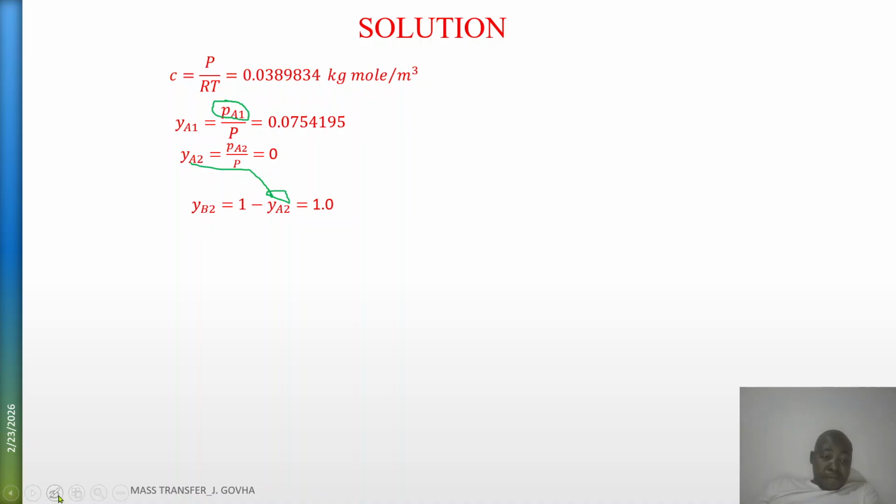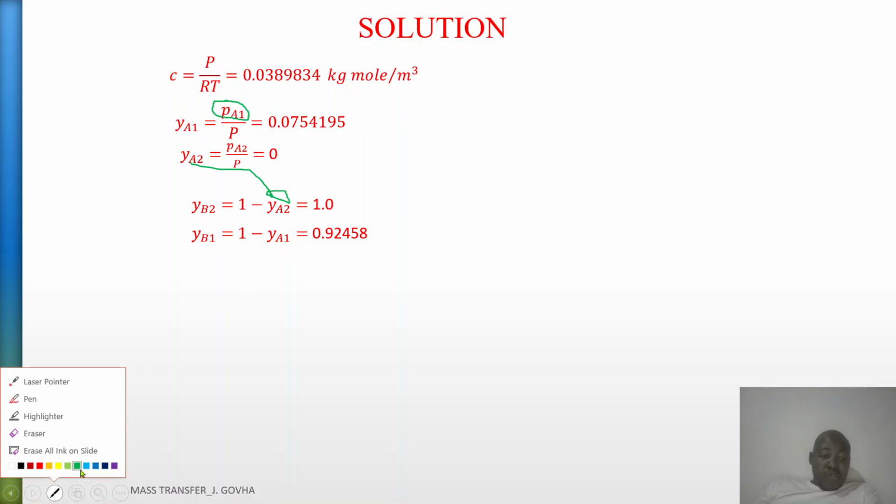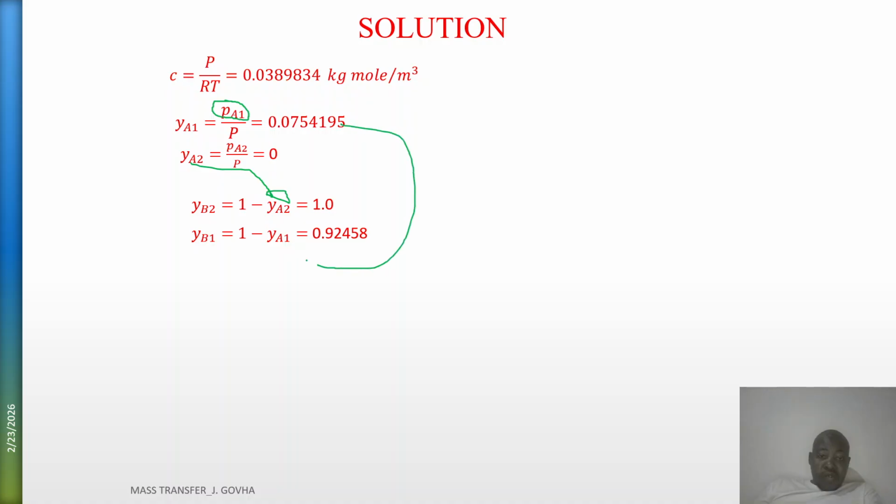Then for YB1, we make use of YA1. So we are substituting this value there to get this value.